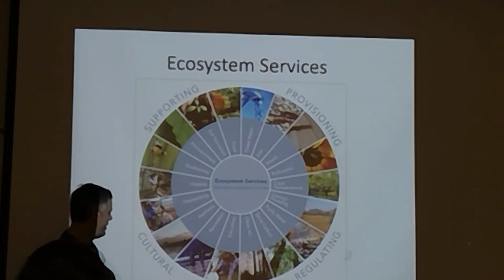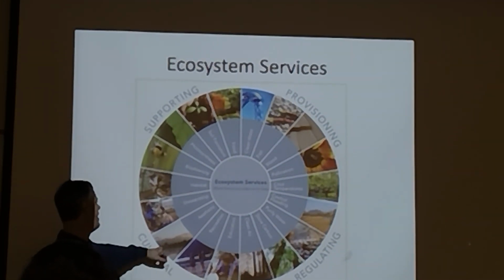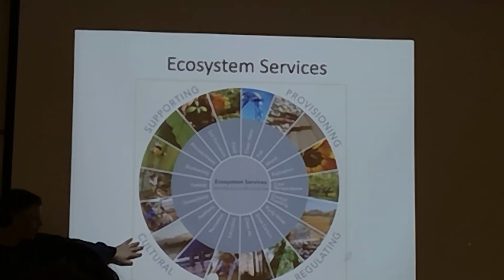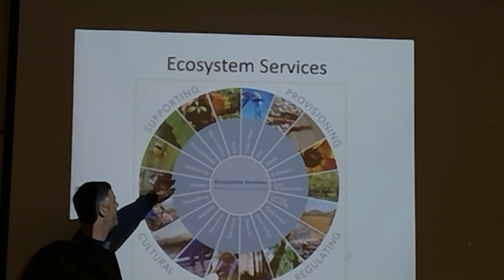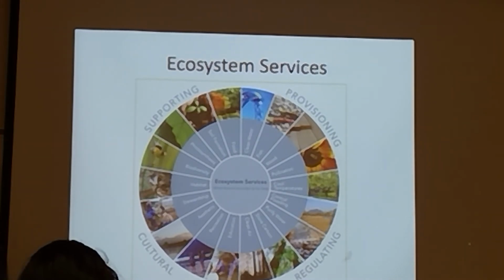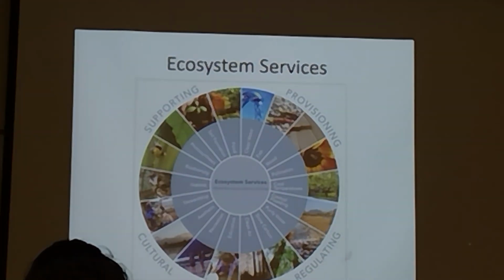There's cultural aspects: education, recreation, aesthetics, stewardship, habitat. I'll skip over the cultural ones. There's supporting services, things like biodiversity, photosynthesis, soil formation, food, and other things that ultimately support the ability of societies to exist. And fourth and finally, we have provisioning services, things like clean water, oceans and lakes and rivers that produce fish, forests that produce wood, insects that provide pollination services for food crops and wild plants.